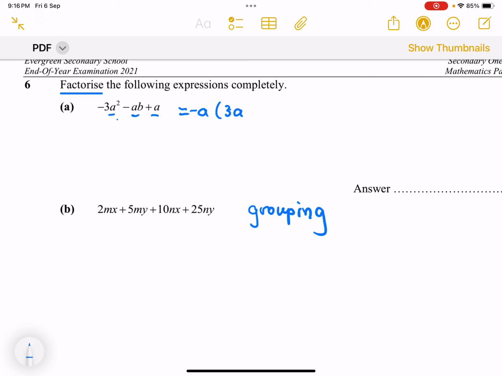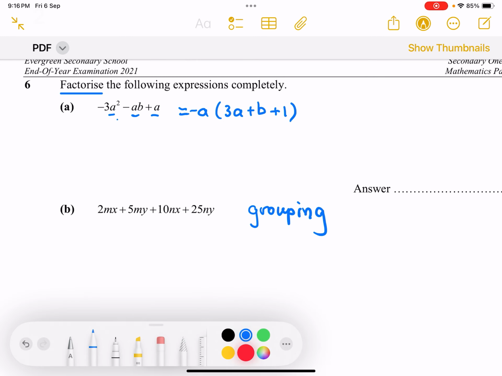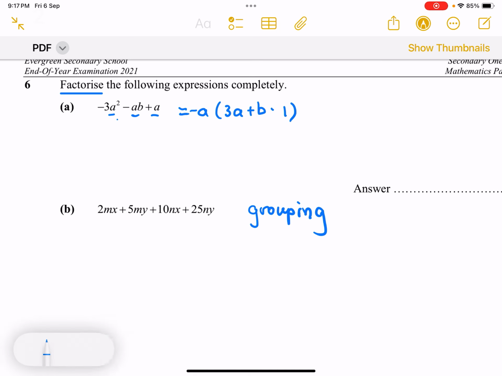Because when we multiply negative a into 3a, we get negative 3a squared. This is how we check. And since we take out the negative, what is now left is positive b. Negative a times b is negative ab. Okay, you can check. And then finally, this is a negative 1, sorry. Because negative a times negative 1 then is a plus. Right, and that is the final answer.